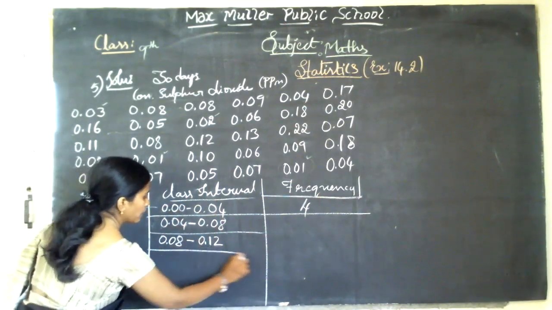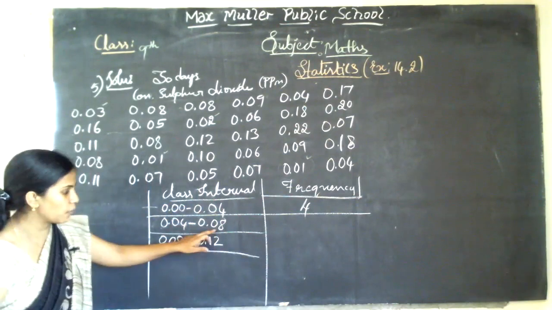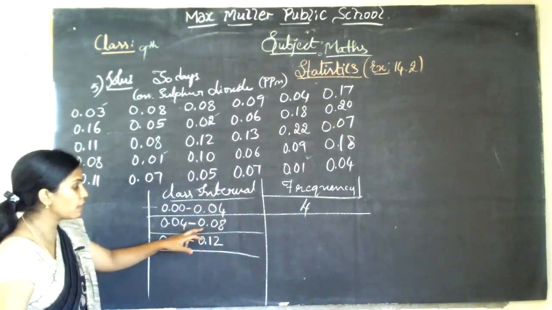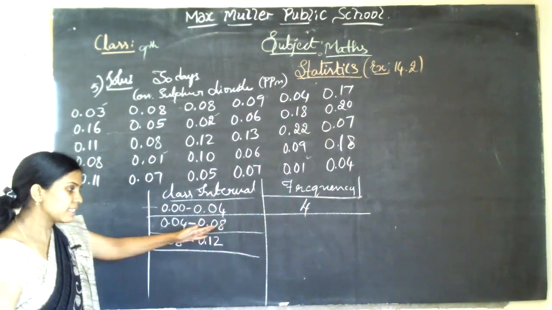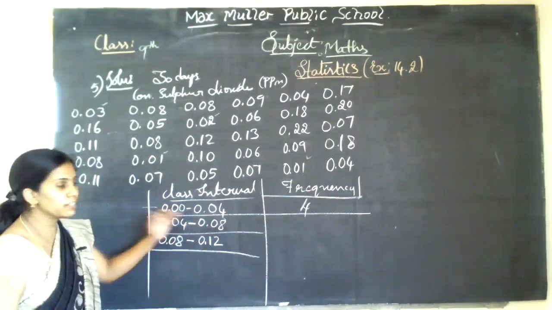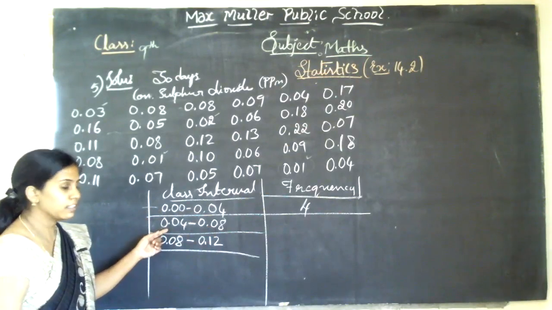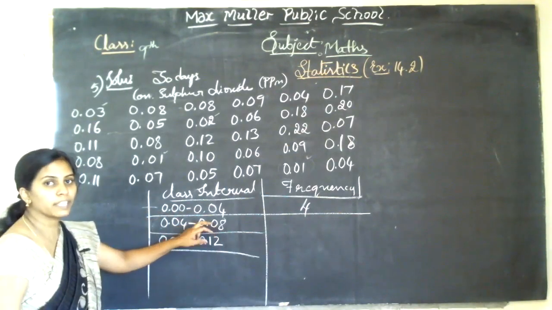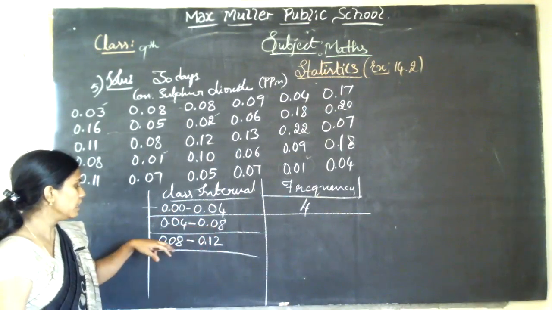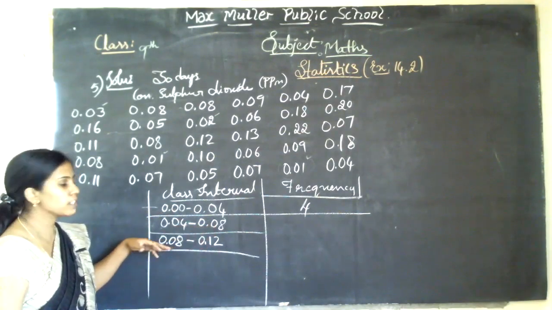Next, observe, since 0.08 is repeated in the next row, leave 0.08. You have to take including 0.04 and less than 0.08. Why? Because in the third row, you will get 0.08.